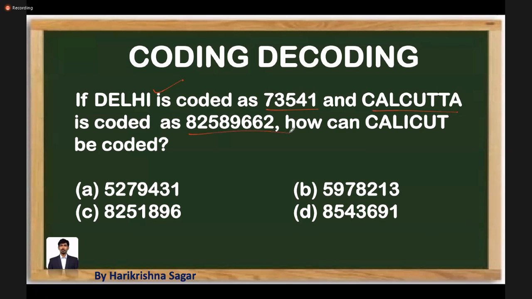Calcutta is coded as this. Then Calicut is coded as what? So CAL is already coded here. What is CAL? 825. Your answer choice should start with 825. Mark it as option C.